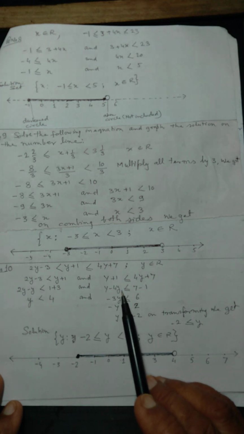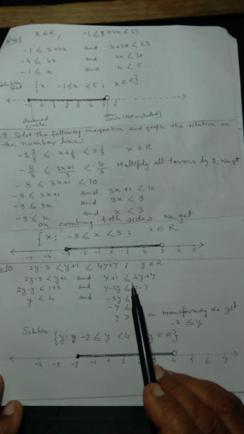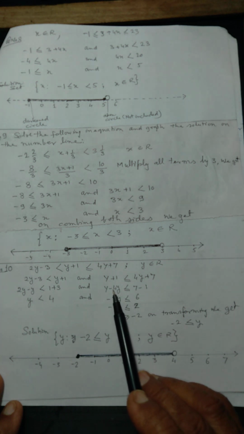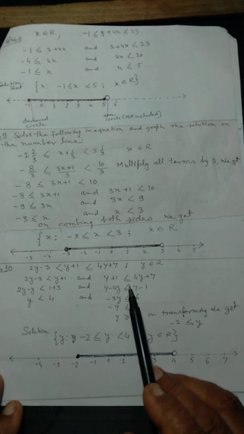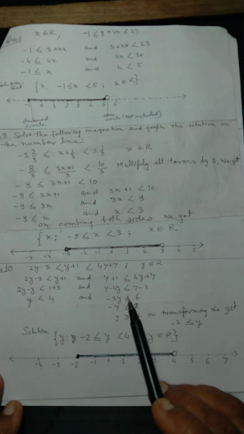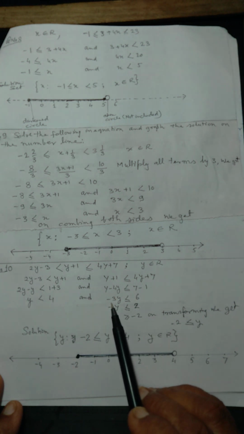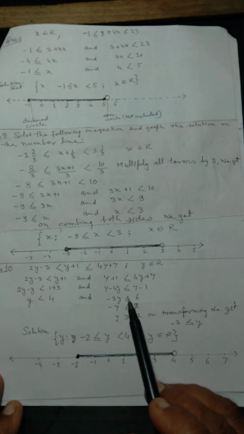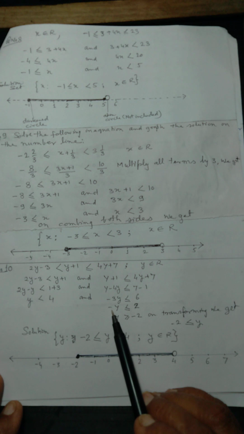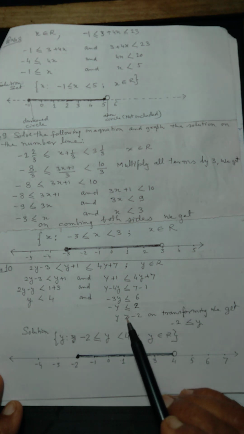In the second part, y plus 1 is less than or equal to 4y plus 7. Here y minus 4y is less than or equal to 7 minus 1. So here again, minus 3y is less than or equal to 6. So minus y is less than or equal to 2.